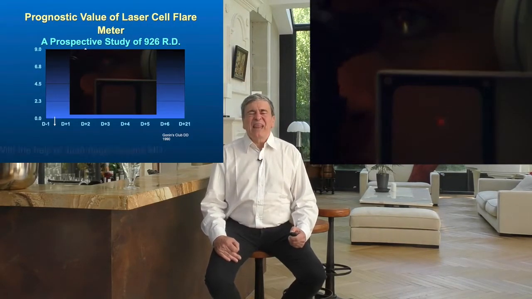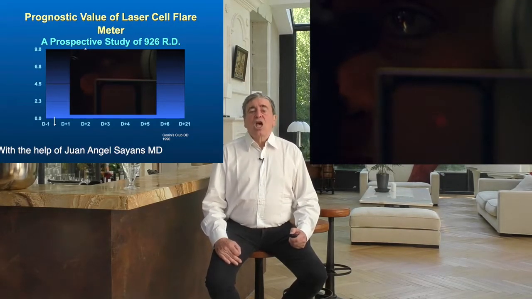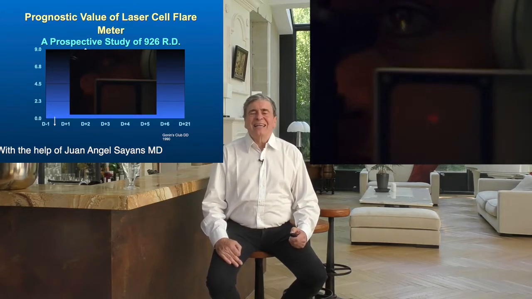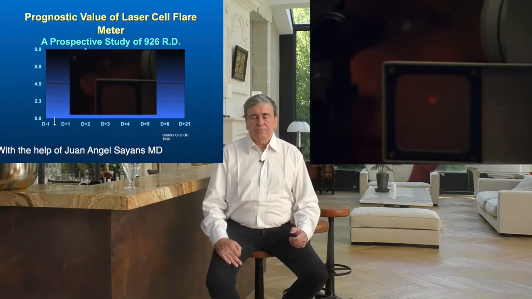Why do vascular tears give a detachment such a sad prognosis? To try to understand what happened during a retinal detachment, I did in 1985 and 1988 a huge prospective study of nearly 1,000 detachments using the Kowa laser self-flare meter.